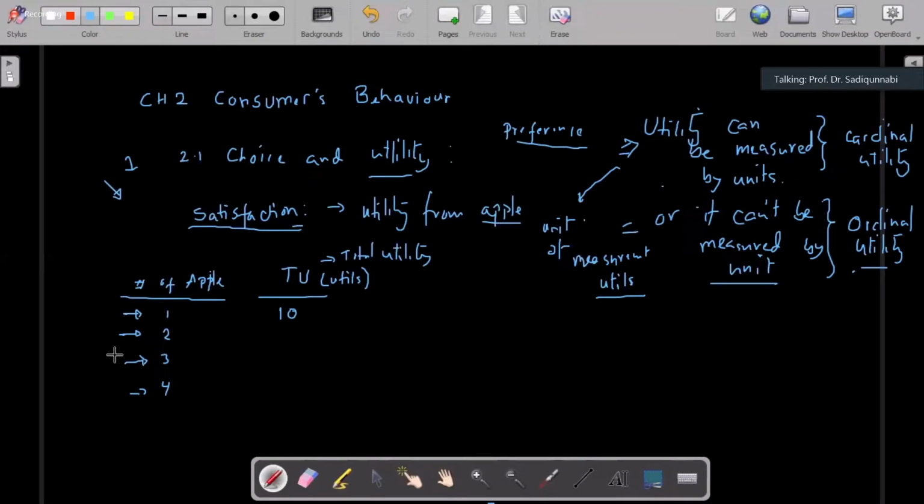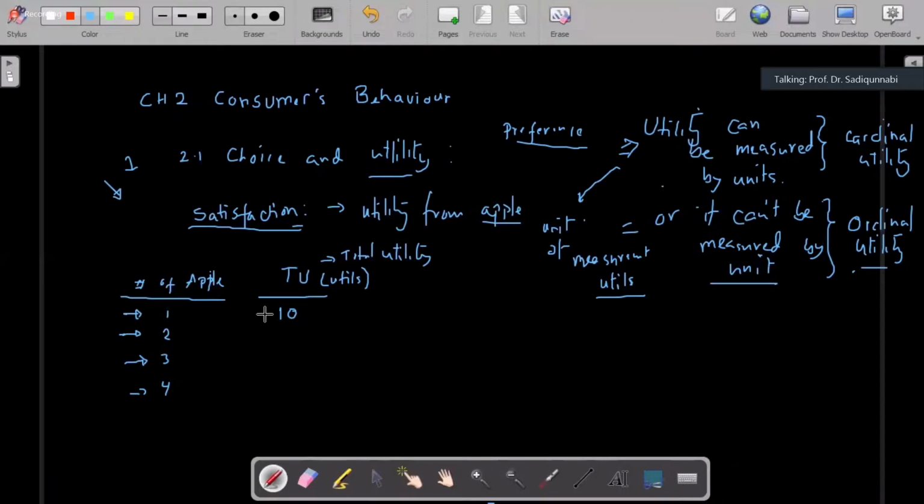Third glass, you will say no, I'm not thirsty now, enough is enough. And the fourth glass, you will say no, it is not possible for me to drink. So utility is not constant for subsequent consumption.